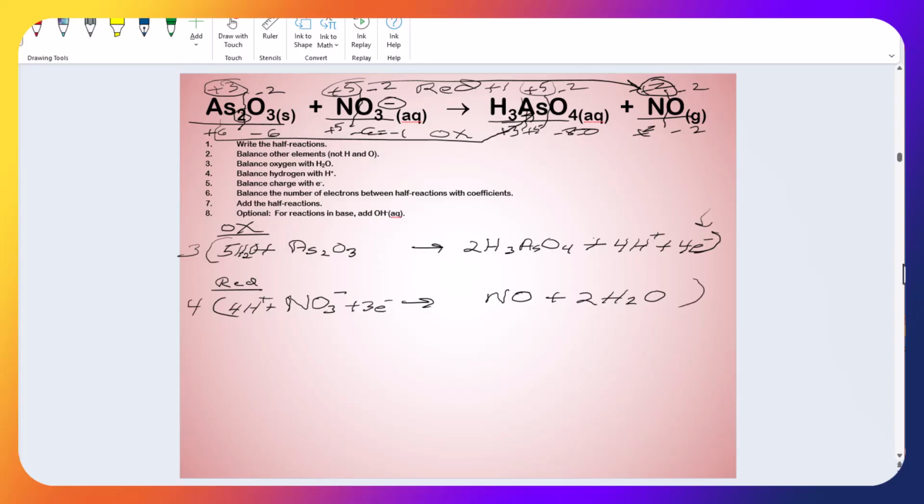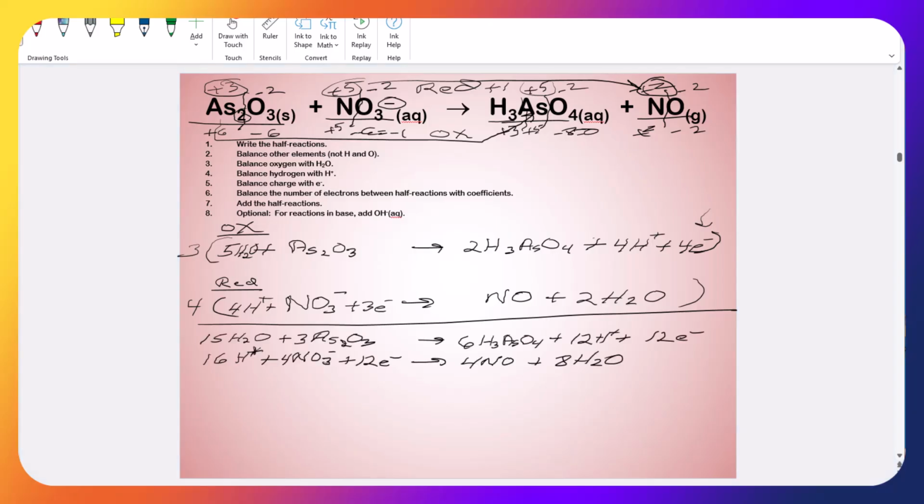That'll get me 3 times 4, which is 12 electrons lost, and 4 times 3, that's 12 electrons gained. So I'm going to go ahead and multiply these coefficients by those values.